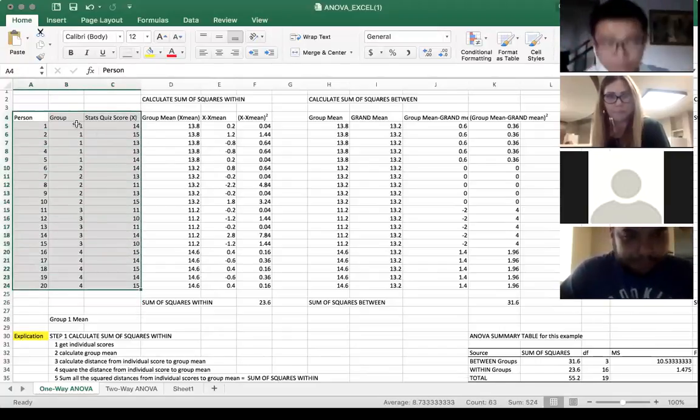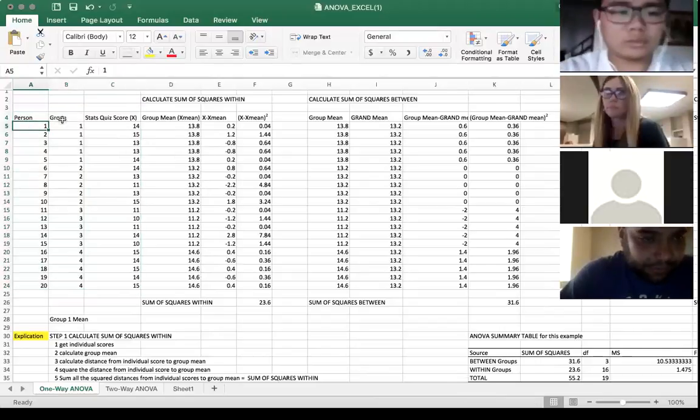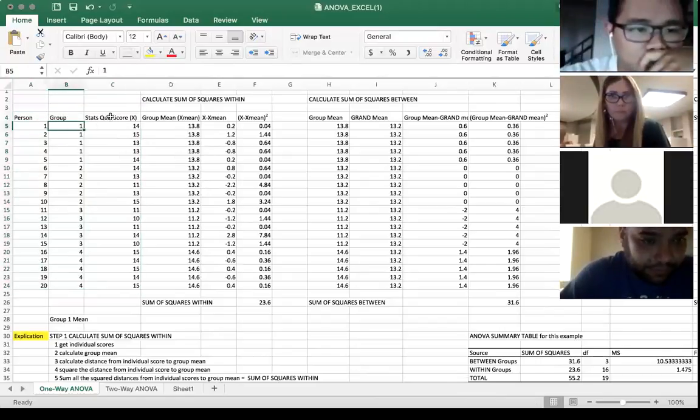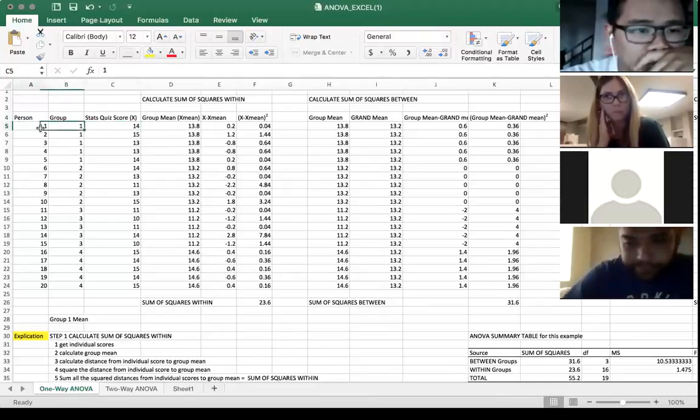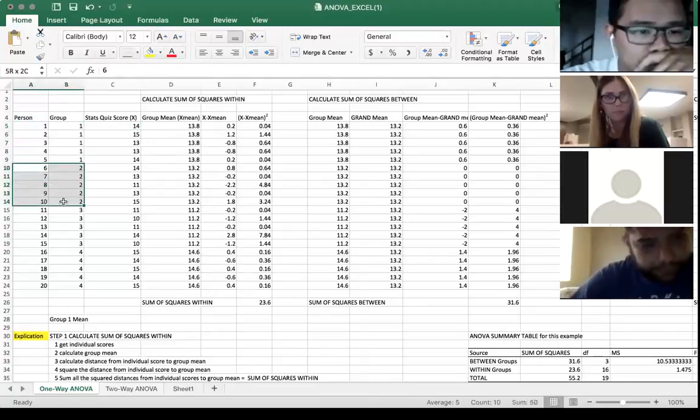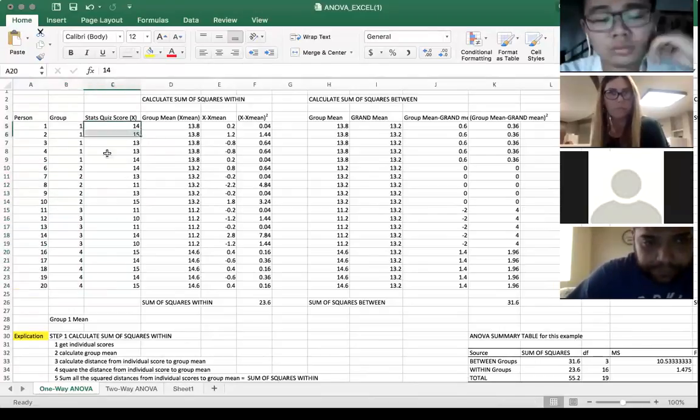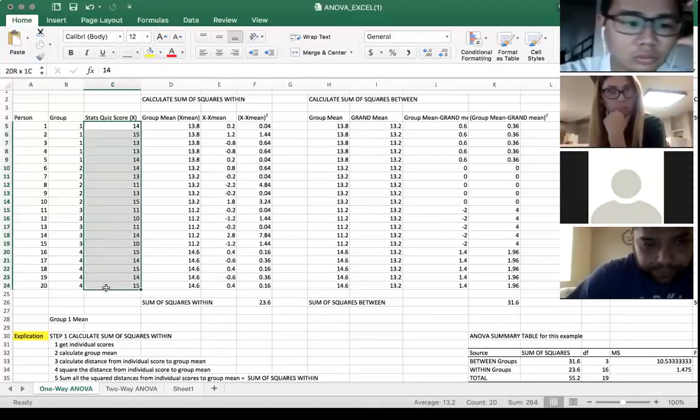What we have here is the only data that we have. The rest we calculated. We know person 1 is in group 1, and in the stats quiz score, that person scored 14. Now the first 5 people are in group 1, the second 5 people are in group 2, 5 people in group 3, and 5 people in group 4. They all have a test score, right?